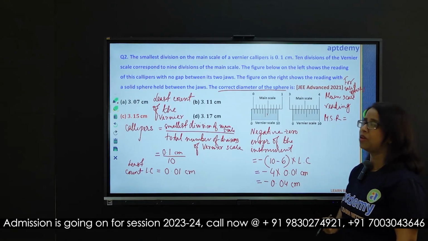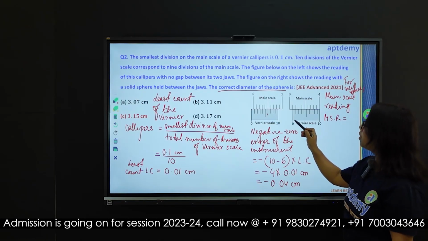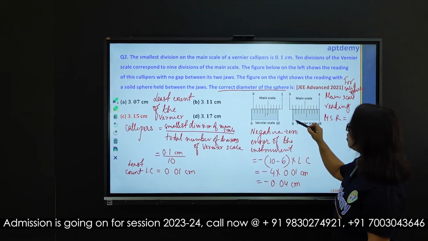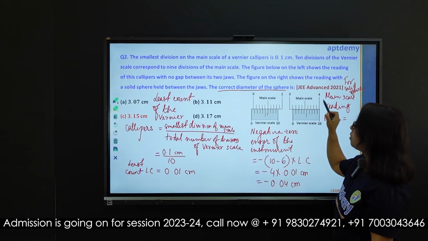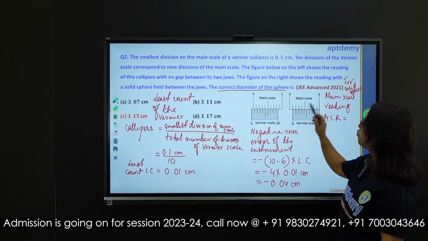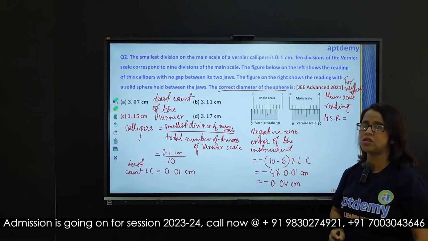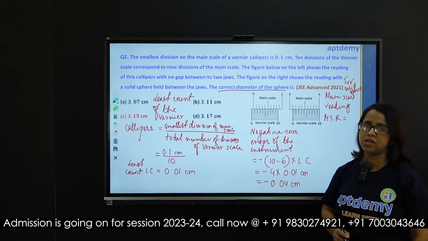The main scale reading is the reading at which the zero of the vernier scale corresponds to some value of the main scale. If you take note, the zero of the vernier scale is coinciding with this particular division of the main scale. And how much is this division? Between 3 and 4 there are 10 divisions. So, this tells us that the first division is 3.1. So, that is exactly the main scale reading.